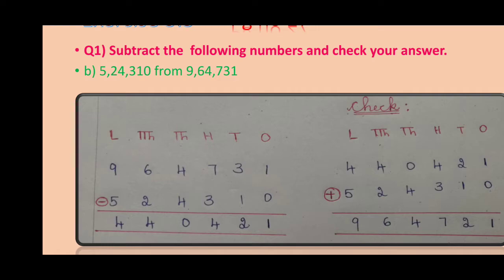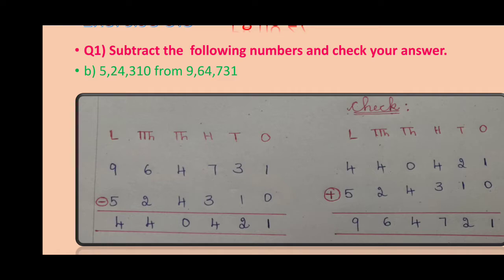These two are to be added: difference plus subtrahend. You can write the difference on top or the subtrahend on top. Why? Because when you are doing addition, whatever the order of the addends, you will get the same answer. So you can write the difference first or the subtrahend first. There is no problem at all, and then you can add the numbers.